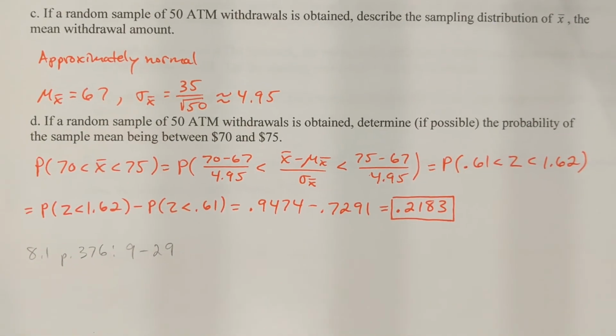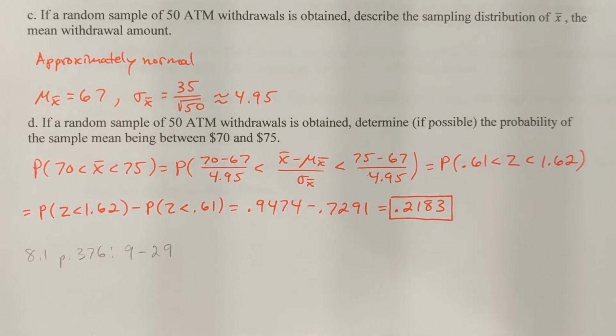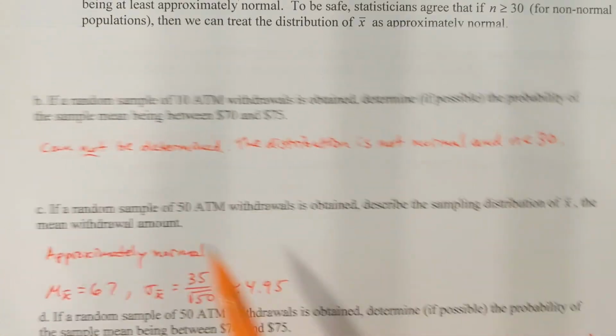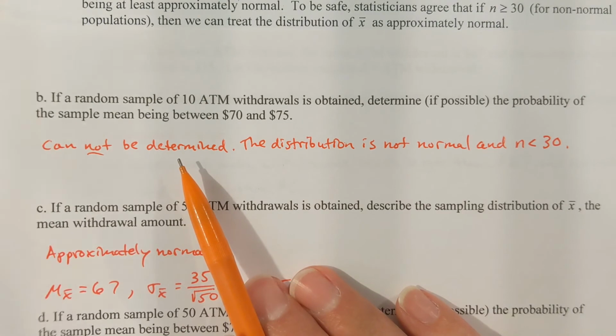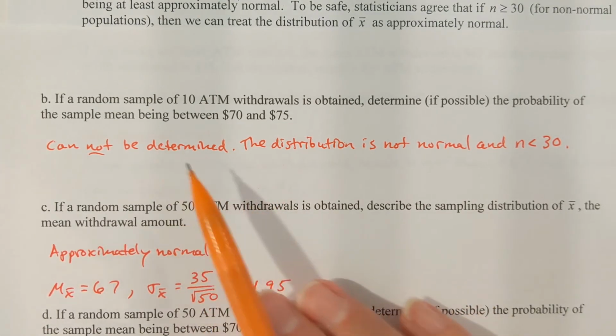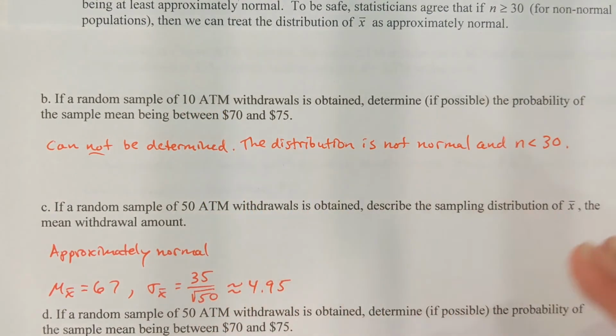Part D, if a random sample of 50 ATM withdrawals is obtained, determine, if it's possible, the probability that the sample mean is between $70 and $75. Well again, the "if possible" should raise an eyebrow. Earlier it was not possible, or can't be determined. If we were to make any calculation, it wouldn't be meaningful in Part B because the sample size was not big enough.